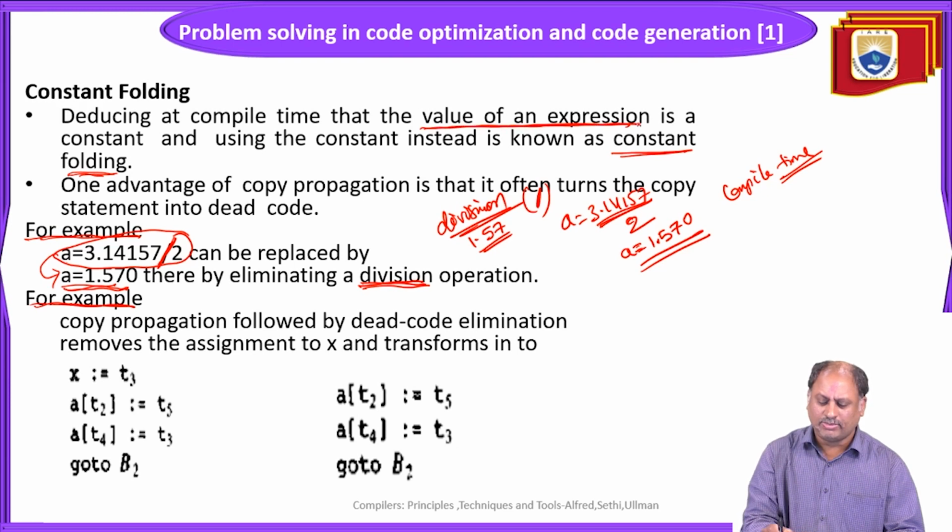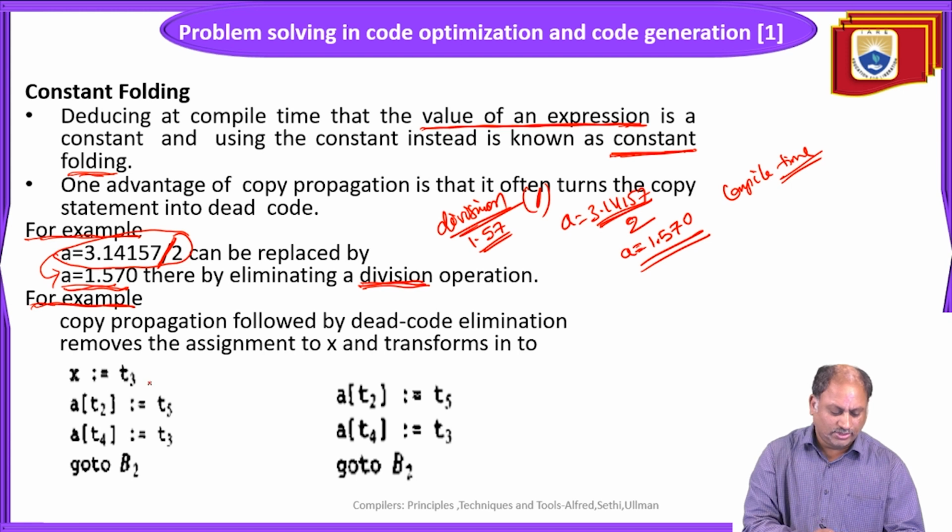Instead of putting the operators plus, minus, dividing, we give the value of the expression. Then this is a constant. This is called constant folding. For example, here copy propagation shows how the dead code is eliminated in the second example.